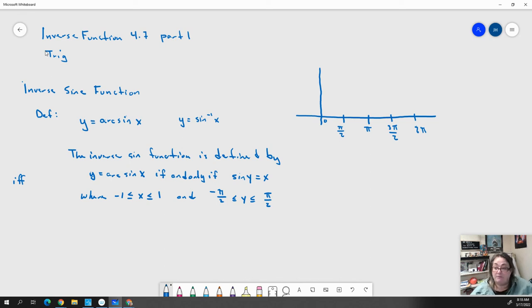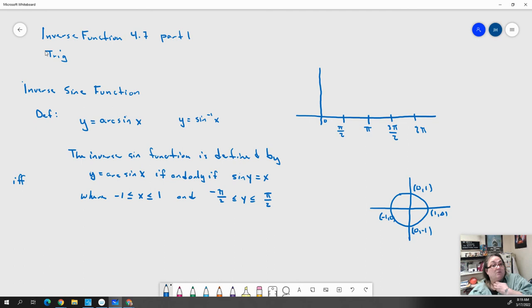So at 0, I have my unit circle here, right? Here at 0, my point was 1, 0. Here my point at pi over 2 is 0, 1. Here my point at pi is -1, 0. And here my point at 3 pi over 2 was 0, -1.